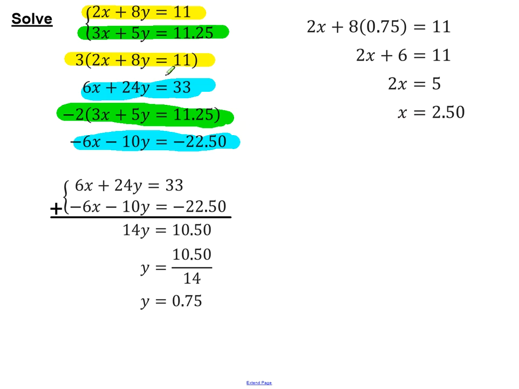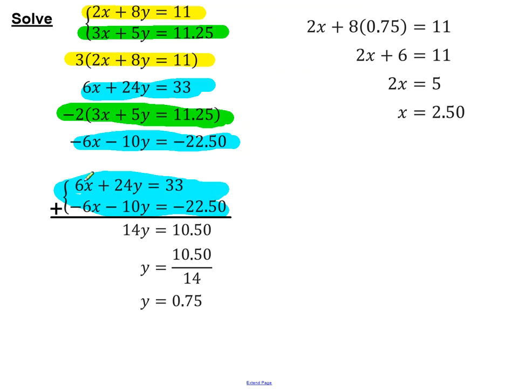So I multiplied the yellow equation by 3, and I got my blue outcome down here. I multiplied my green equation by -2, and I got this blue outcome down here. So this then is my system.